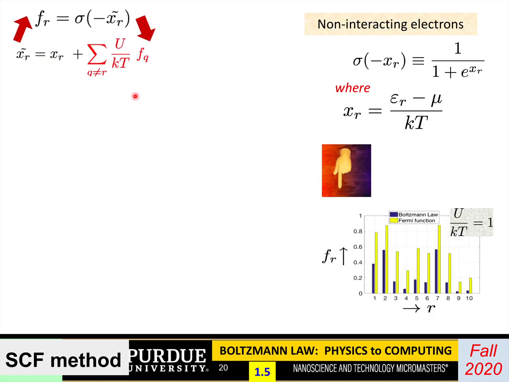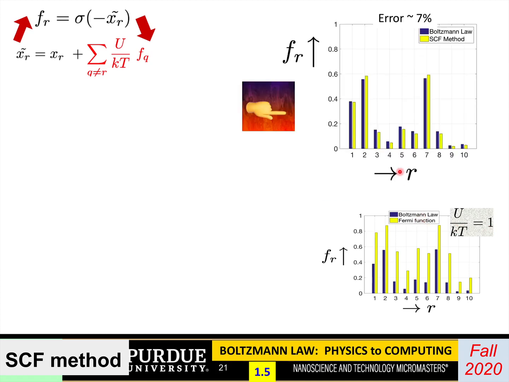Now this actually works quite well if the interaction isn't too large. For example, I mentioned earlier that when U over kT is 1, I showed you results where the Boltzmann and the Fermi function were not matching at all. But once you do this self-consistent method, they match reasonably well.